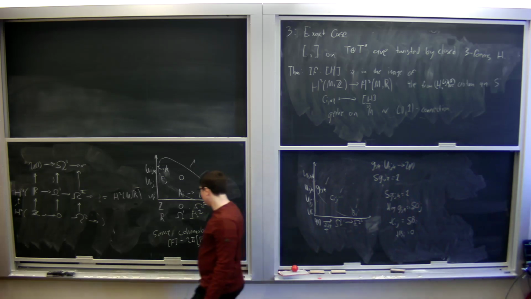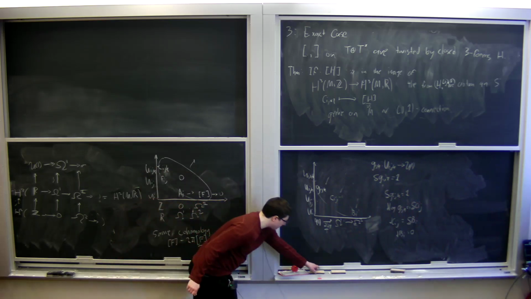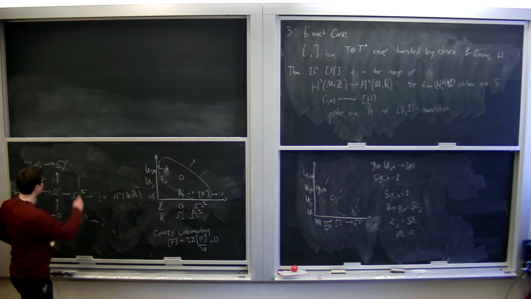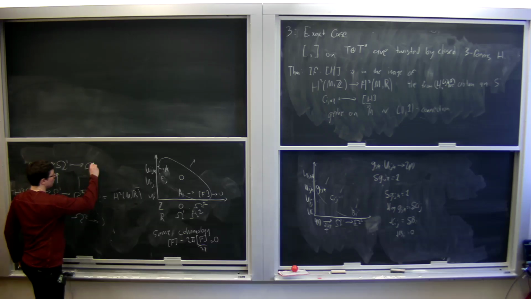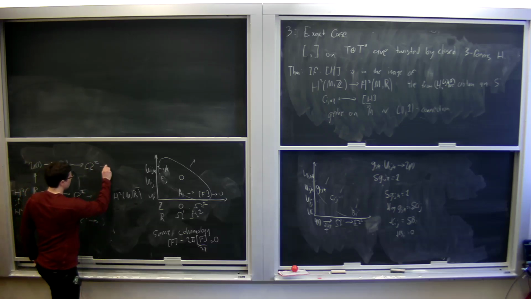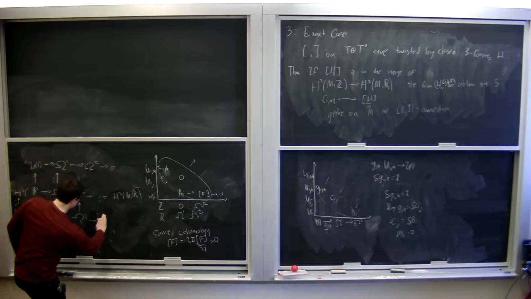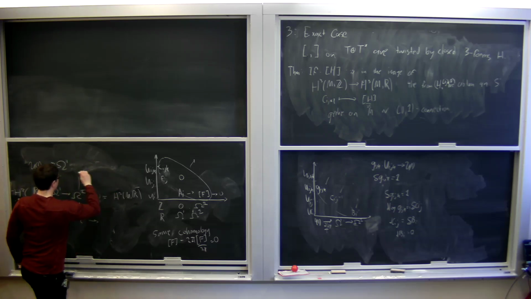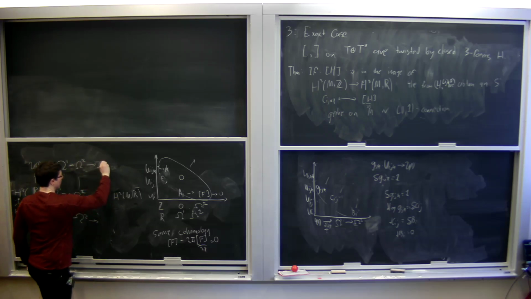Okay. So I'm just going to modify this short exact sequence to be better for our purposes now. I want to go to omega 2 here and then 0. Sorry, I want to line this up a little better. Omega 2, omega 3.